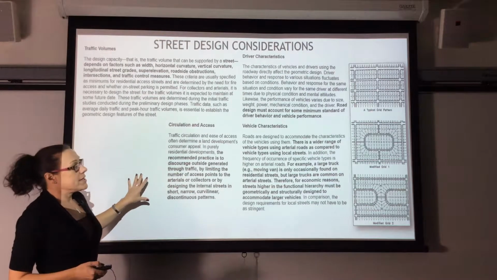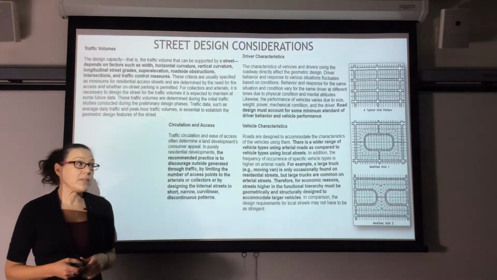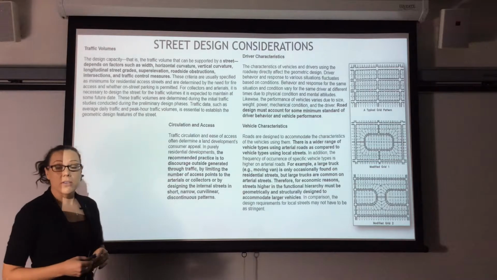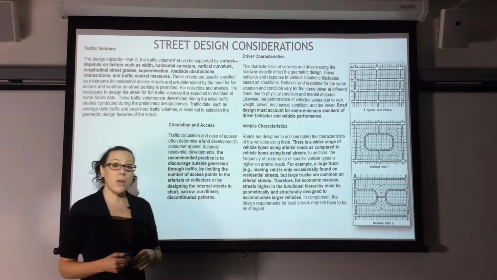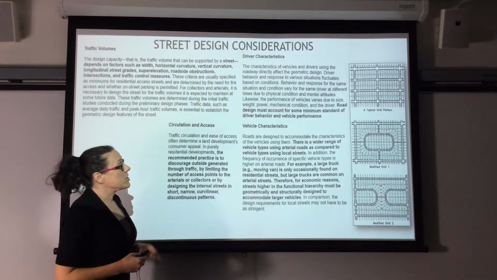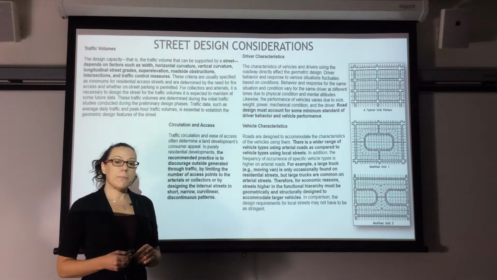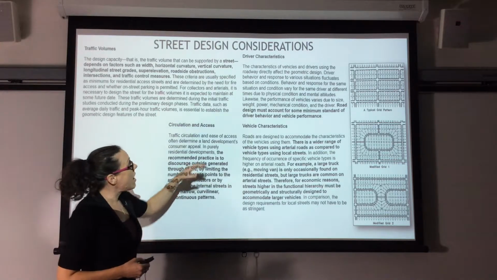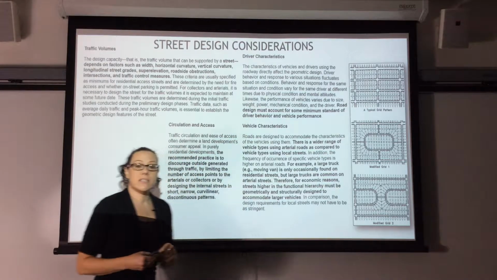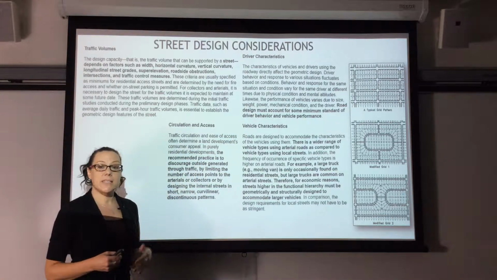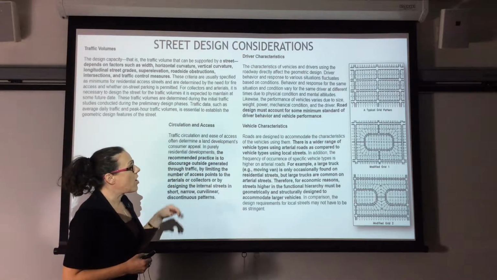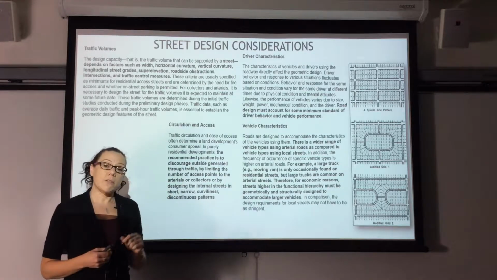Now, some of the design considerations when we design roads, we've got traffic volume. Is it I-4 or is it a local subdivision? Circulation and access. How are we moving these people around? Is it going to be congested or not? The driver's characteristics, the different types of how they accelerate, the studies that have been done on the minimum standards in driver's behavior.